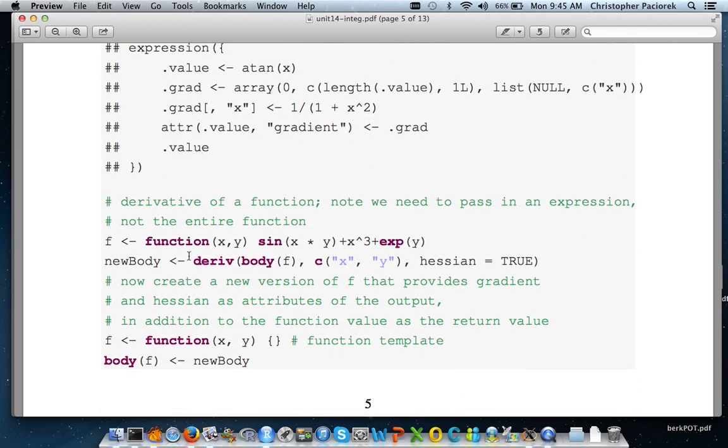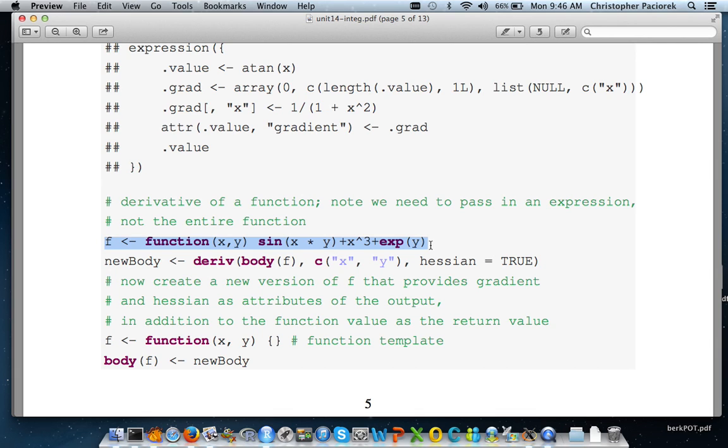And here I'm just showing a little bit of trickery with R. I could start with a function, and then take the derivative. I need to give deriv an expression, so let me take the body of the function f. This is a handy way to pull out just the expression that's the body of the function. Take the derivative of that. This new body is going to give me back a function that calculates both the value of the original function and the gradient and potentially the Hessian, depending on whether I used derivative 3.